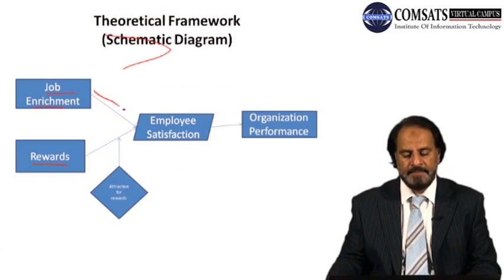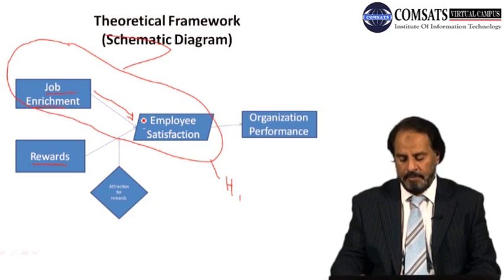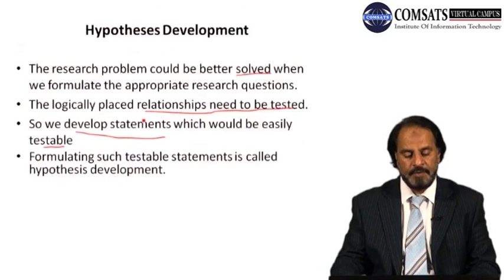So we're looking at this particular relationship, and we're saying job enrichment will lead to high job satisfaction. Our hypothesis 1 is basically dealing with this. Once we are able to satisfy this, then we move on to the other statements as well.